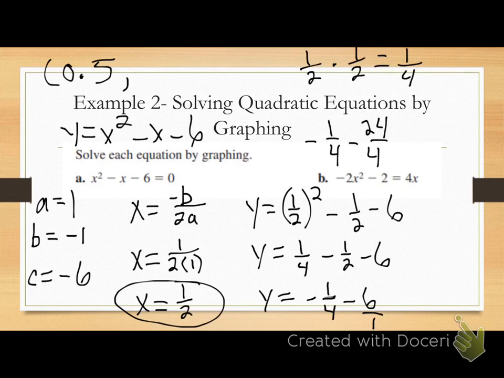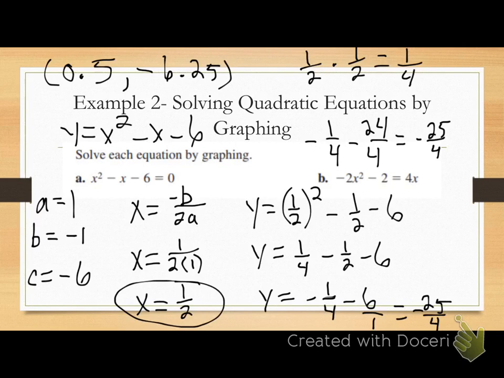Now it's negative 1/4 minus 24/4. Negative 25/4. Which comes out to be about negative 6.25. So there's my vertex.